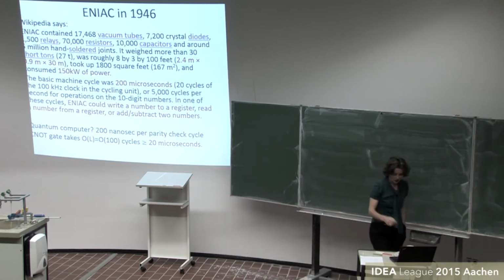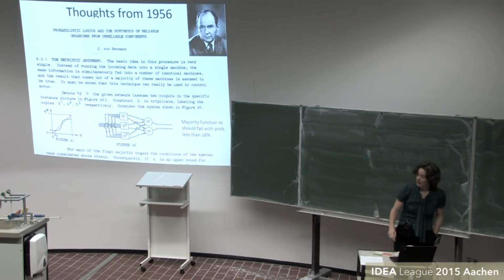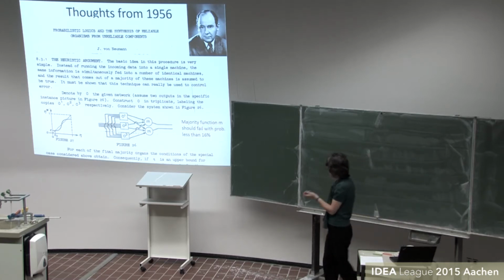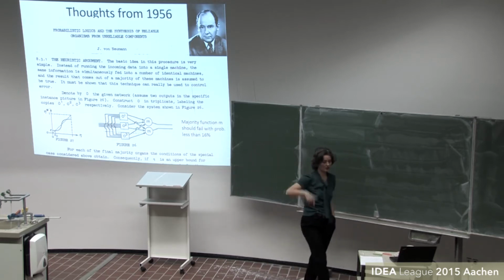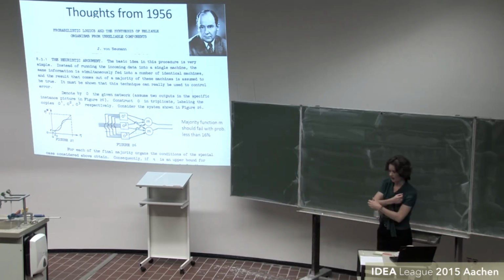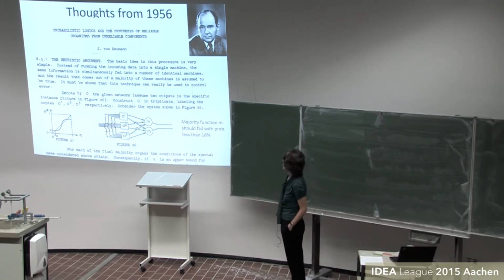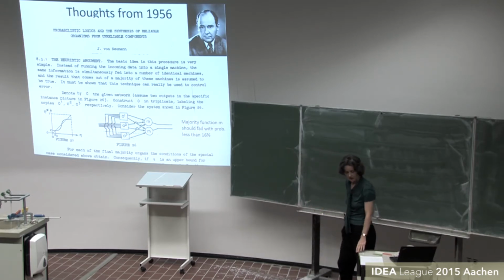Okay, but this ENIAC also supposedly failed sometimes. It wasn't the end of the story. And let's now go back to 56. Because, of course, that was with vacuum tubes, and the whole development of chips has led to tremendous improvements in computational power throughout our lives.